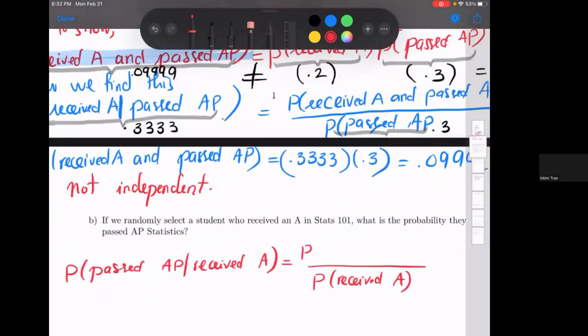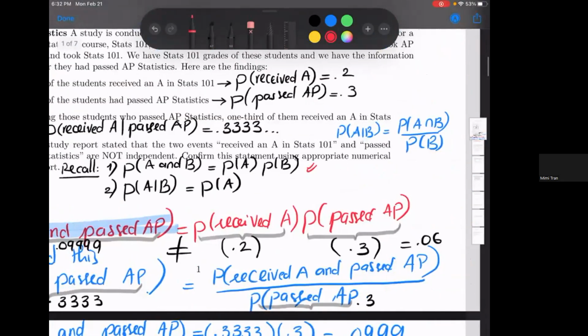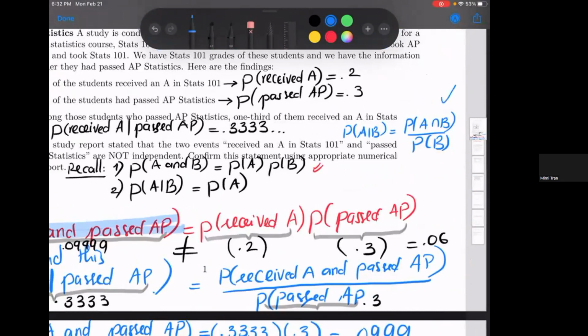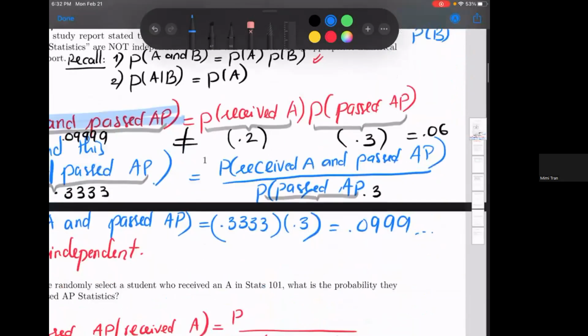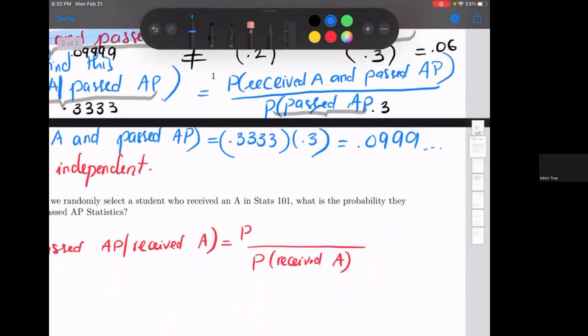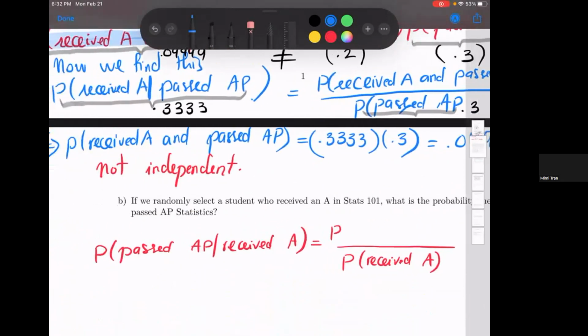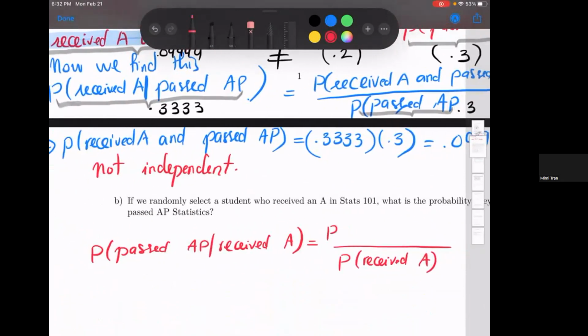It's not times, right? It's and. Remember, they're not independent. Even though we don't know, we don't assume. So what should be up here?